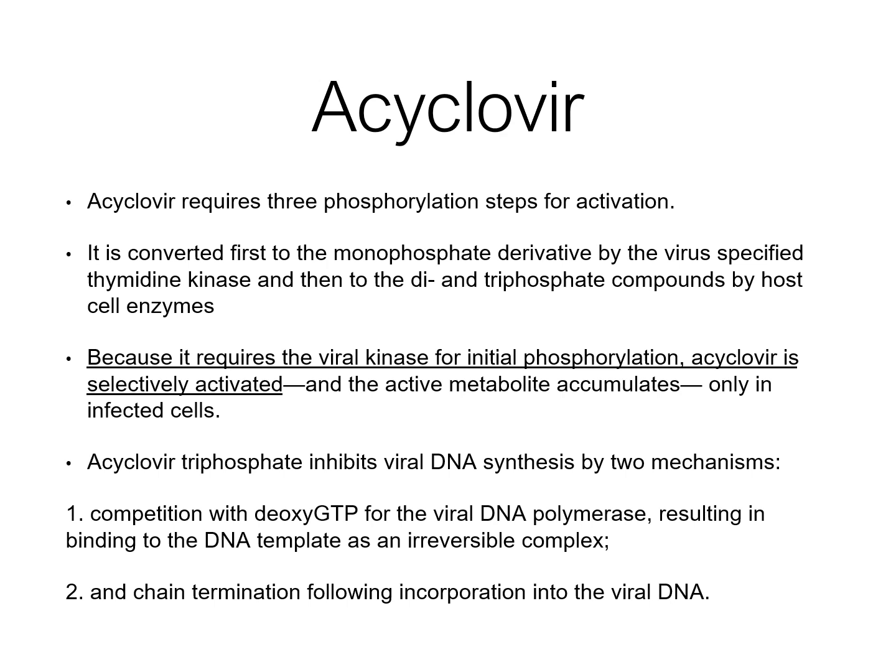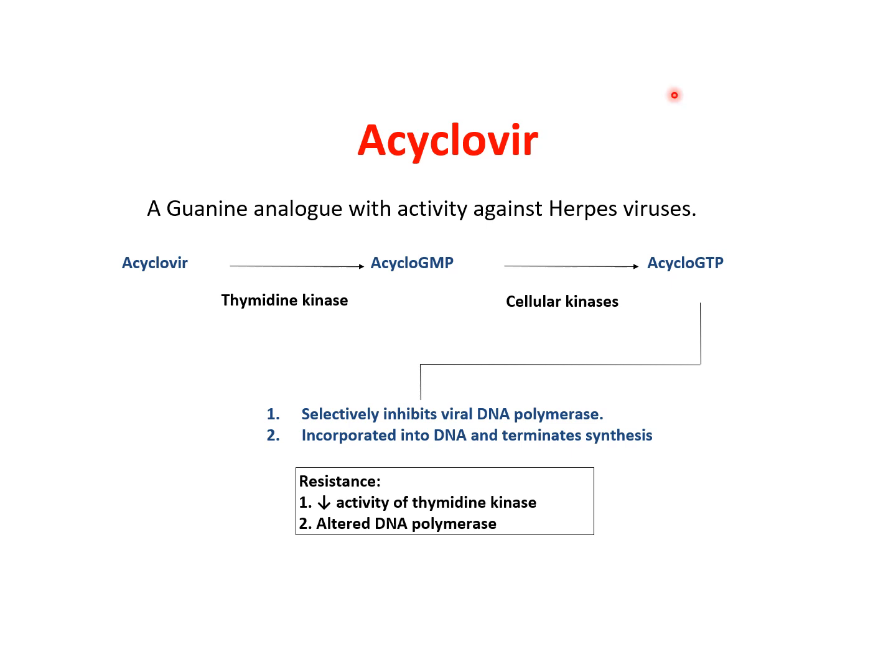Now, because the drug acyclovir requires the viral kinase for initiation of phosphorylation, we can say acyclovir is selectively activated. So it's only activated if we have a viral infection, because the first step of its activation requires the viral kinase. Acyclovir, which is a guanine analog, is activated with 3 phosphorylation steps.